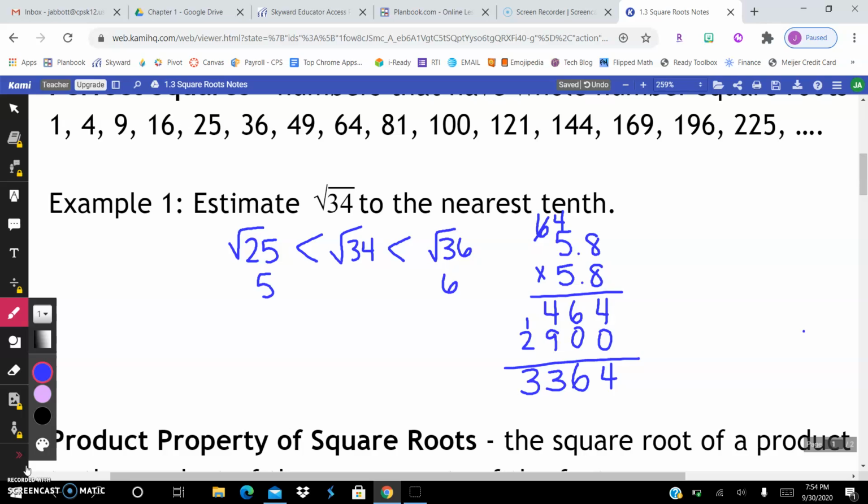And I have 2 decimal places, so I have to move this back 2 places. I got 33.64. That is pretty close. I don't think I can get any closer without going over. So the square root of 34 is going to be about 5.8.